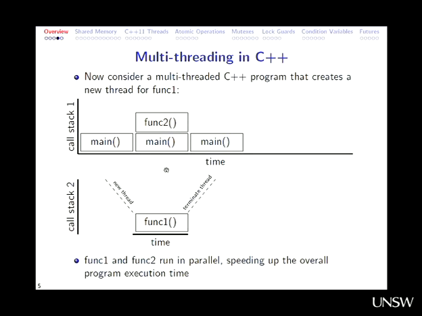A parallelized version of this would look a bit like this. We have the call stack come in to main. Main goes off, and before function 2 gets called, it creates a new thread. That new thread starts up and calls function 1. In parallel, main also keeps running. Normally, when you think of a single-threaded program, the instant you call something, everything below that code stops until that function returns.